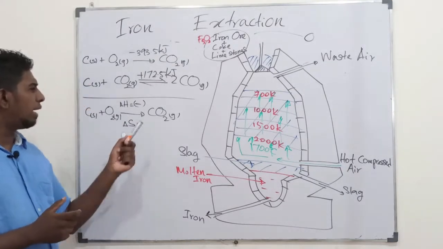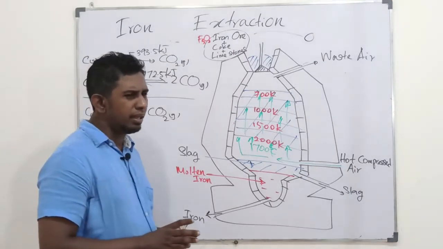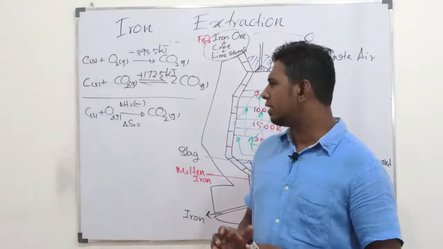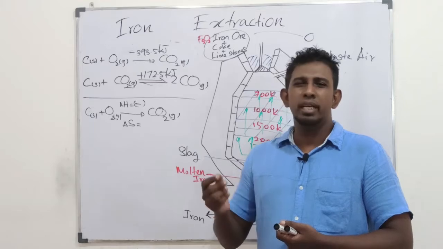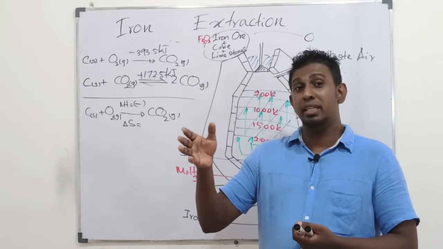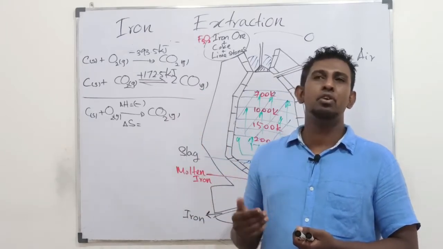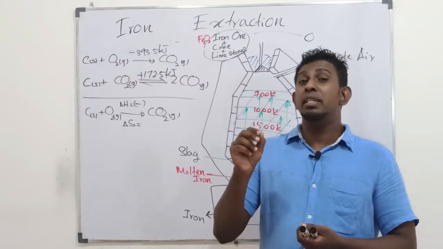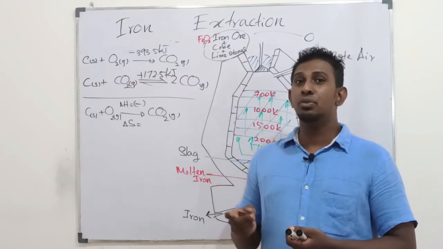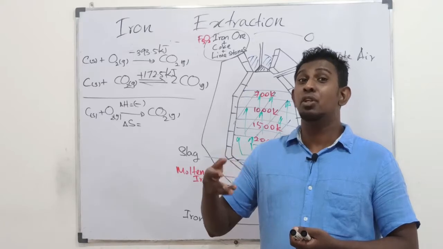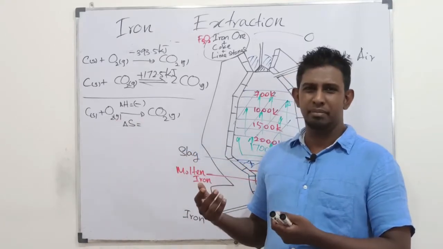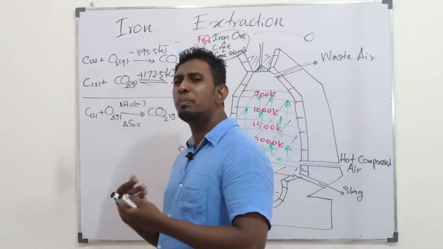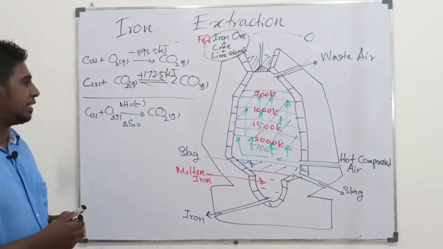So one molecule of gas reacts and one forms, and there would be an entropy change, but not that significant. It's close to zero, but I'm not saying it's zero. It's not as significant as when the number of gaseous molecules changes. Here the number of gaseous molecules would be the same. Therefore, the entropy change would not be that significant.